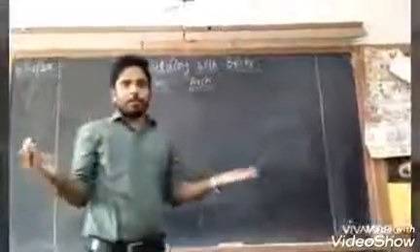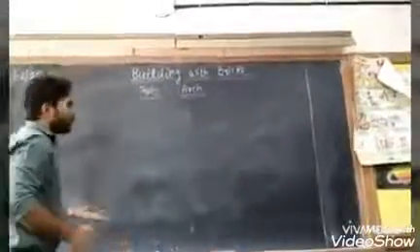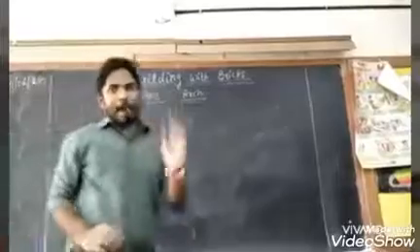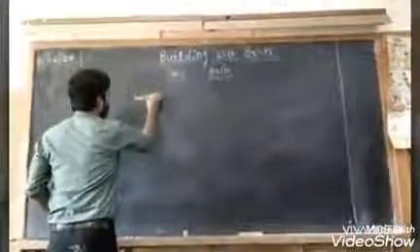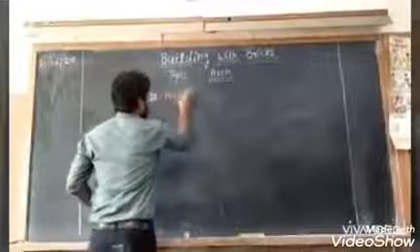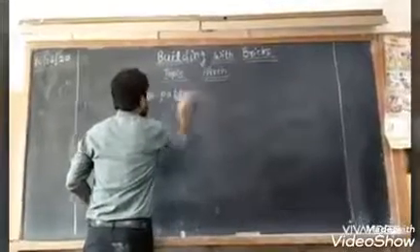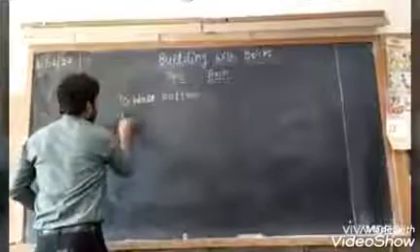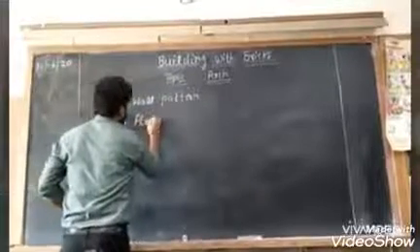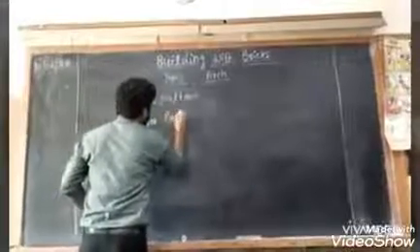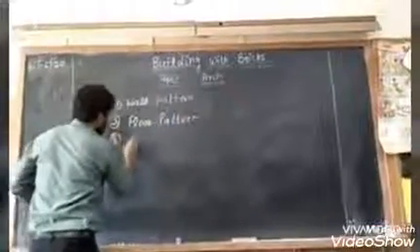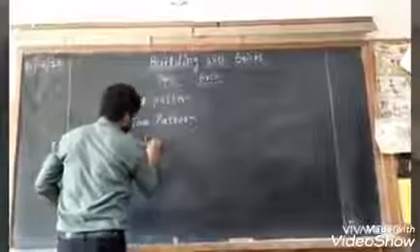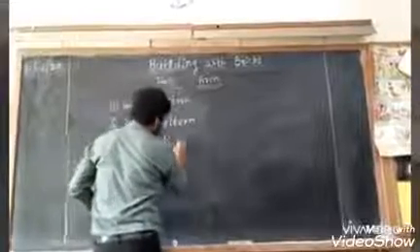Now earlier in this chapter we talked about 5 topics. First one is wall pattern. Now all of you are familiar with how to make a wall pattern. Second one is floor pattern. All these patterns we can make with the help of bricks. Jali pattern, do you know jali?